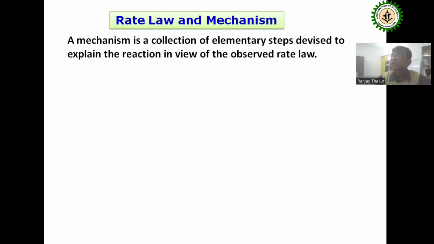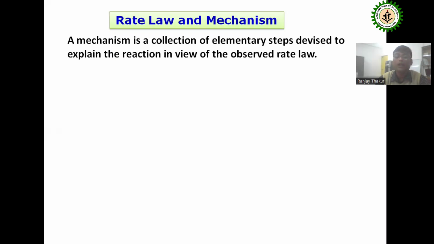If you get the product in a single step, then there is no problem. But if the reaction completes in more than one step, then it is very difficult to choose the step for determination of the rate of reaction.